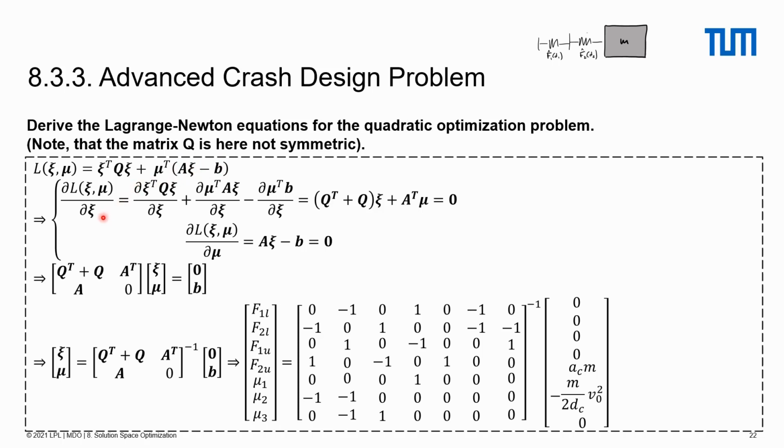And we have two conditions. First, the derivative of L with respect to the design variables C must be 0. And second, the constraints are active. That means A times C minus B must be 0.